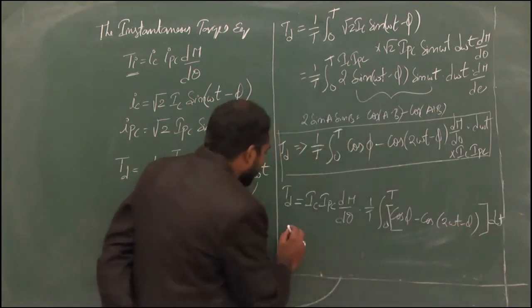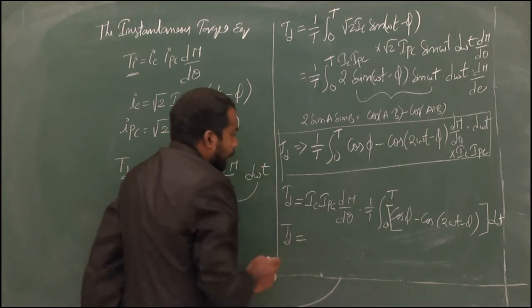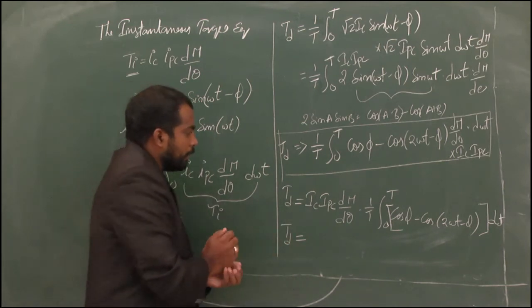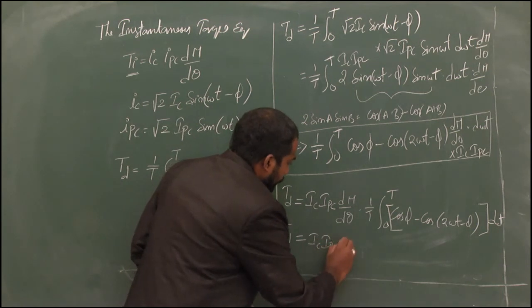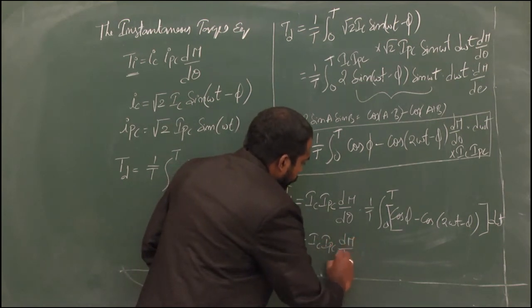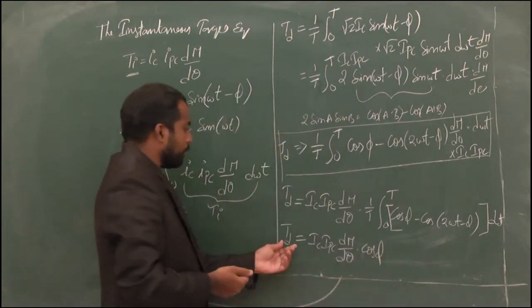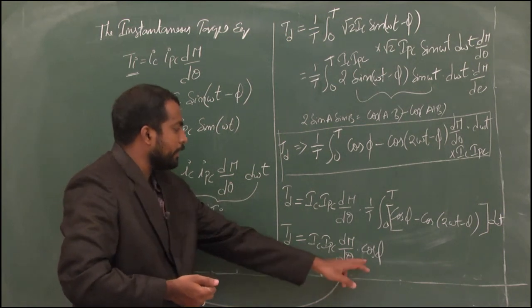When you solve this entire expression, you get the net deflecting torque, or the maximum deflecting torque, produced by the wattmeter, which is IC IPC dM by d theta into cos phi.